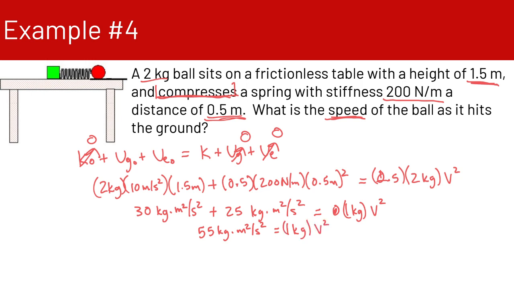So divide everything by a kilogram. We end up with 55 meters squared per second squared equals v squared. Take the square root of both sides, and we end up with a final velocity of 7.4 meters per second. So the speed of the ball as it hits the ground is 7.4 meters per second.